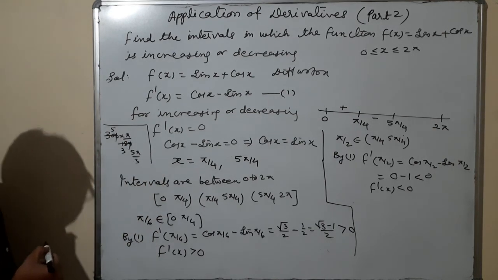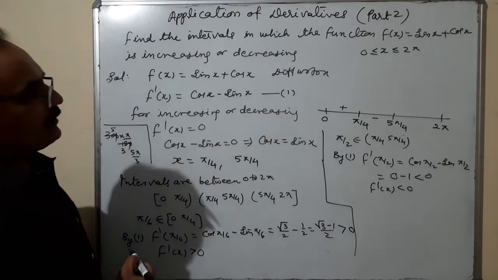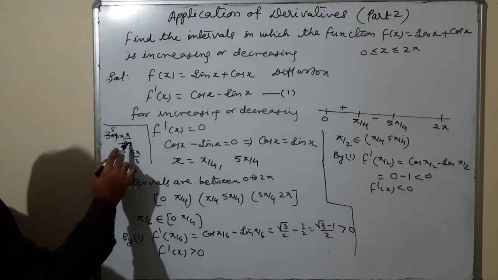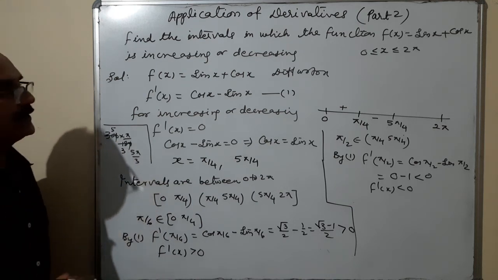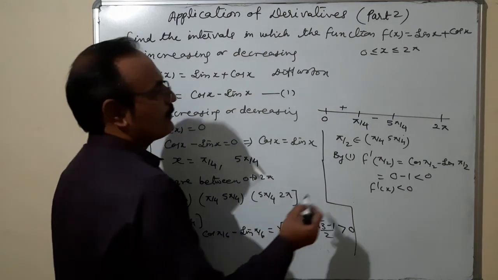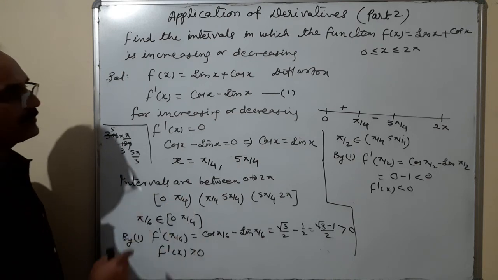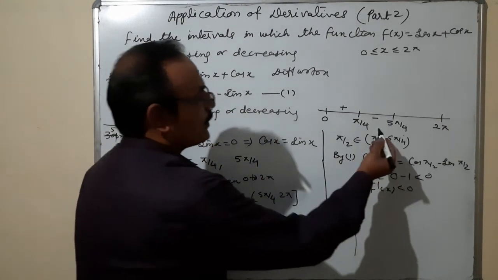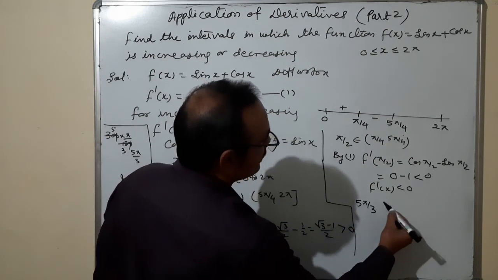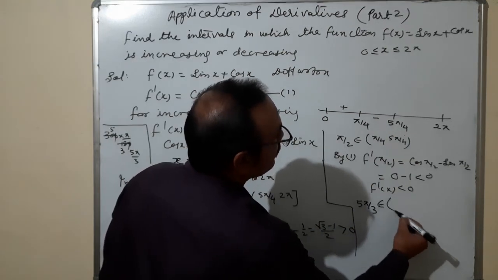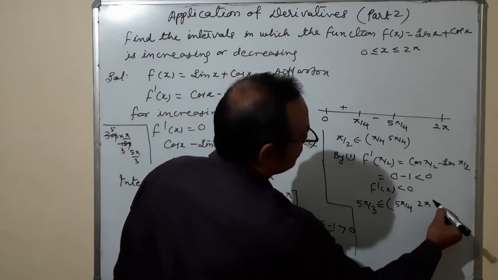I want to check it at 5 pi by 3. It is 5 pi by 4 I have written, okay. So I want to check it at 5 pi by 3. 5 pi by 3 belongs to 5 pi by 4 to 2 pi.